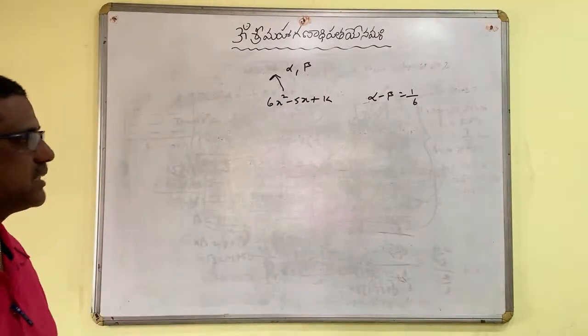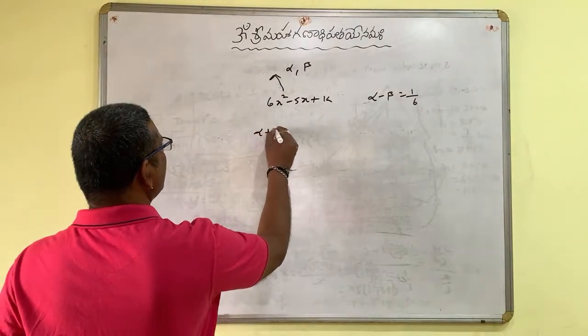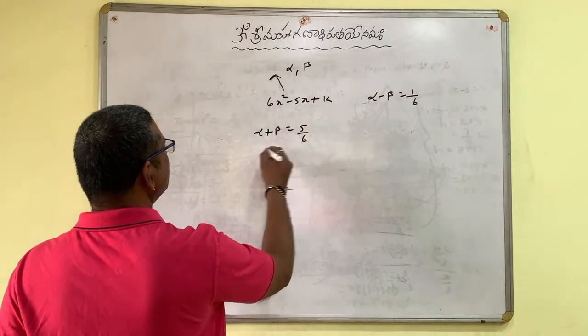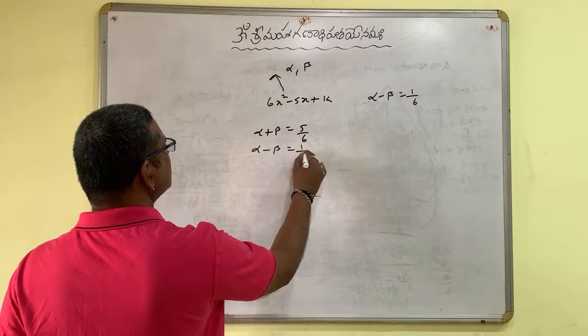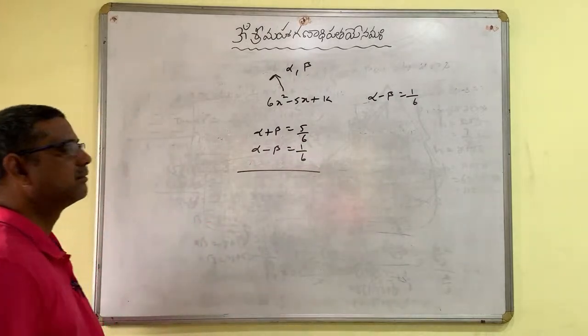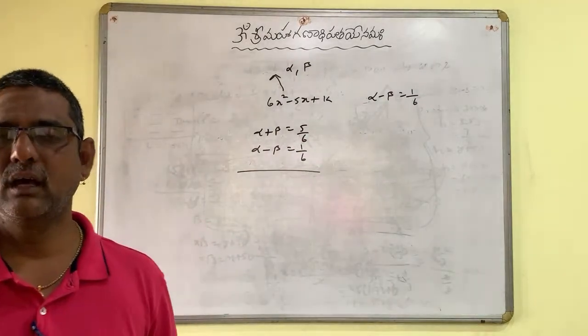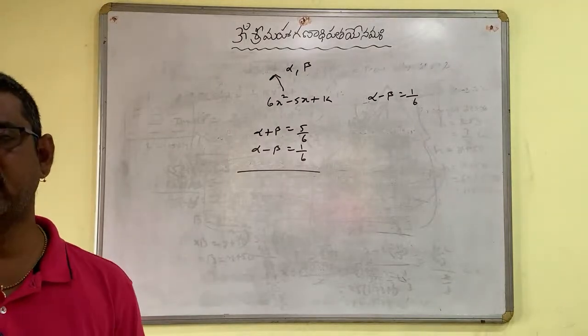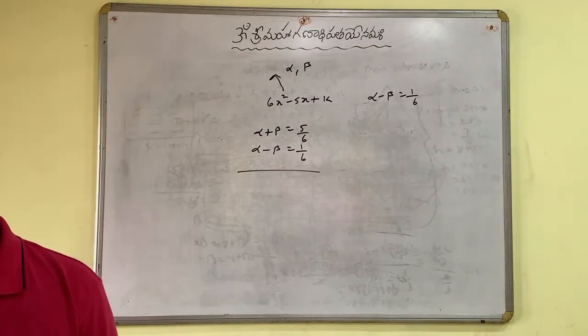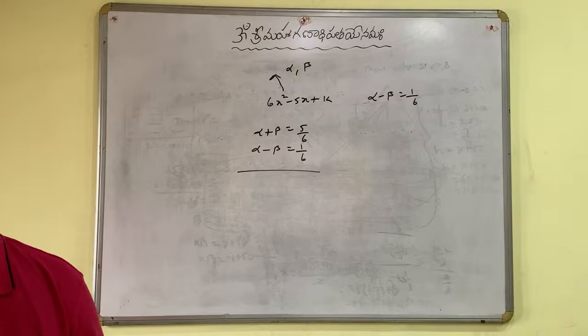So why are you thinking? Sum of zeros is 5 by 6. Alpha plus beta is 5 by 6. Alpha minus beta is 1 by 6. Alpha plus beta is minus b by a, minus of minus 5 by 6, which is 5 by 6. Alpha minus beta 1 by 6 is given.